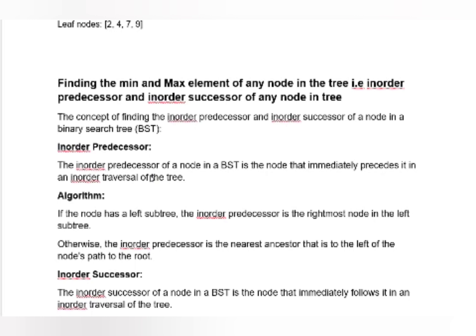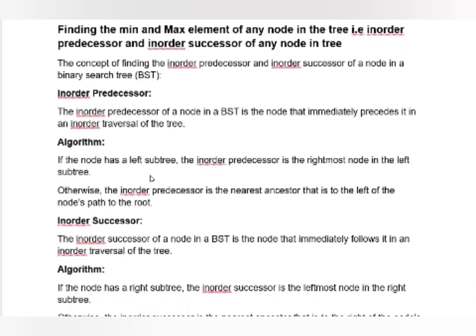Find the min and max element of any node in the tree, that is, in-order predecessor and in-order successor of any node in the tree. Here in-order predecessor means the node that immediately precedes it in an in-order traversal of the tree.